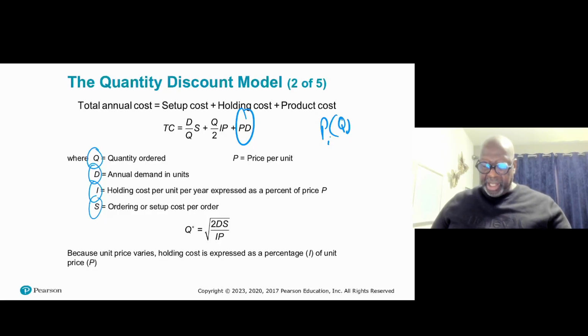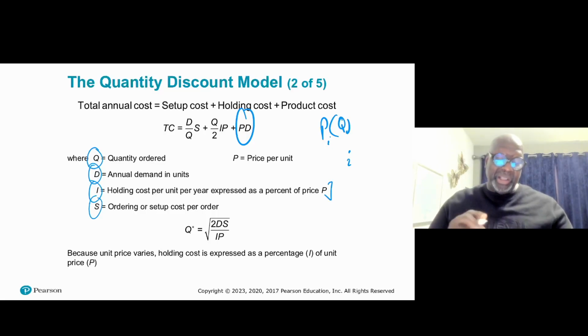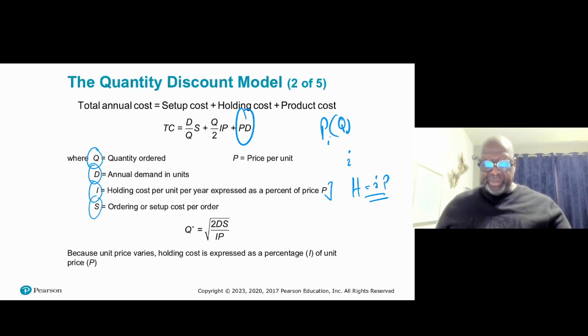Normally I use a small i, like interest. So H actually is I times P, the purchase price.